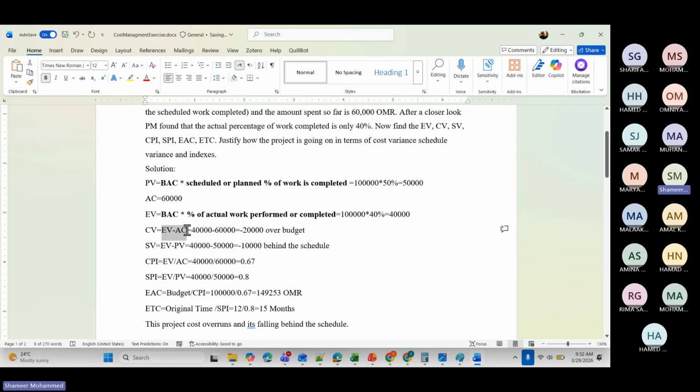And at the time of writing the answer also, don't write a direct answer to me. You have to give me the formula first, then substitute the value, then the answer. Don't write a direct answer. If you write a direct answer, you will lose marks.